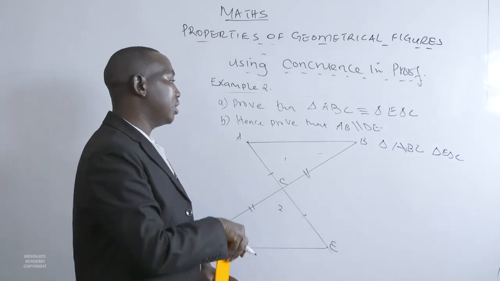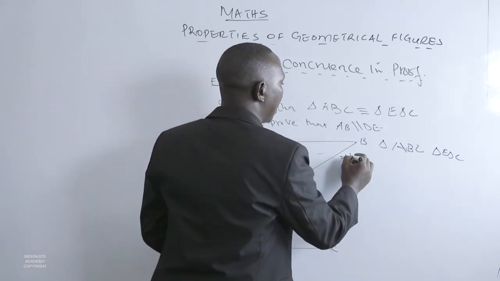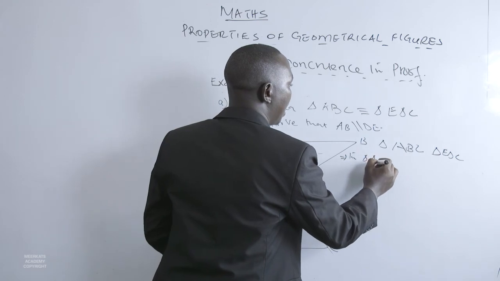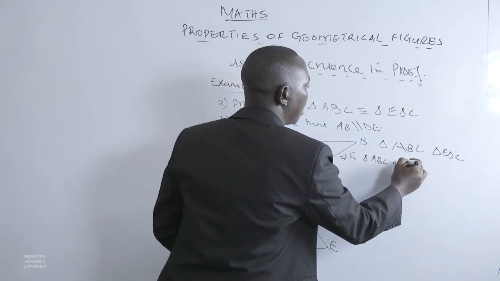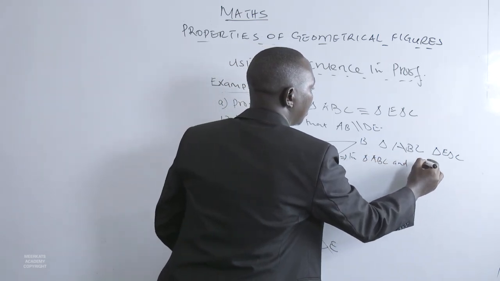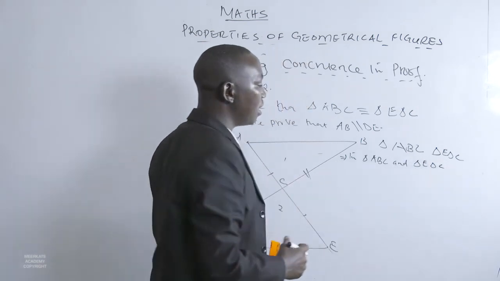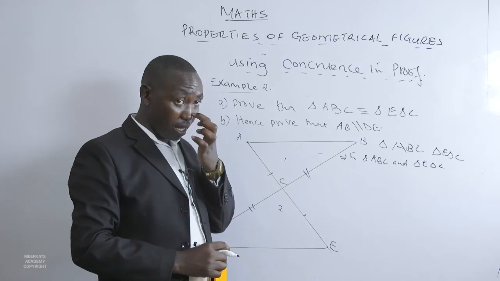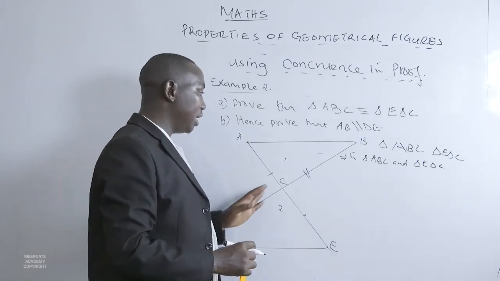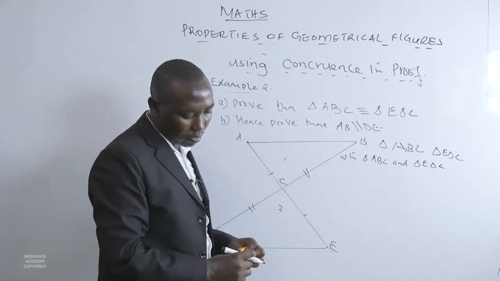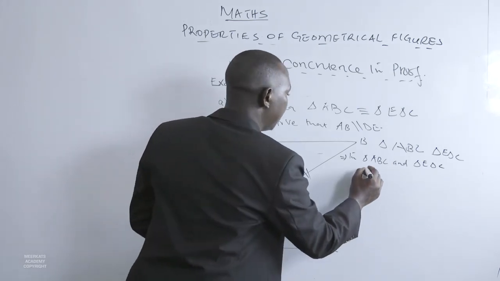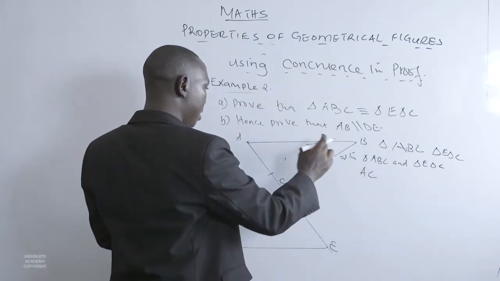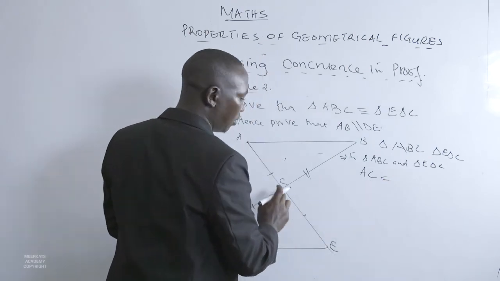So the first statement: in triangle ABC and triangle EDC, there are things you can note. AC and CE are equal, and also DC and CB are equal. AC is equal to CE.